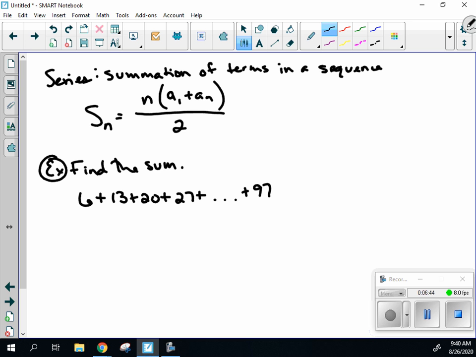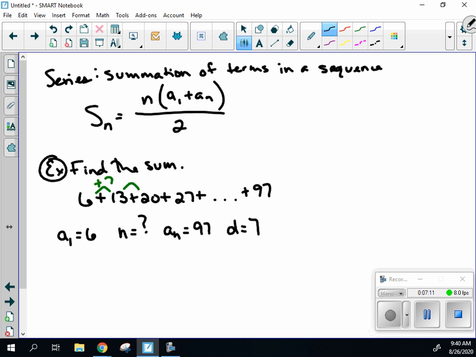Okay, so looking at this information, I have a1 as 6, n, I don't know, an is 97, and d, if I'm going from 6 to 13, that's a plus 7 each time.